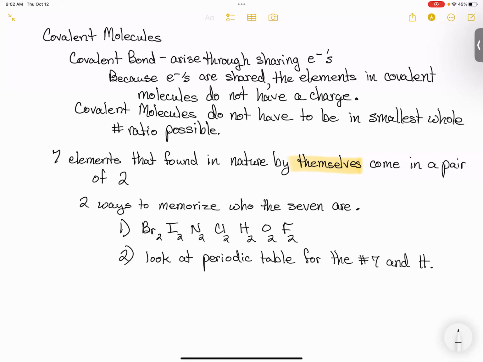There are 7 diatomic elements that form a 7 on the periodic table along with hydrogen. So that's the second way to memorize it. Take your pick. Brinkhoff. You may have another one that you learned from a previous class, but for me, the two that I kept in mind were either Brinkhoff or the fact that they form a nice little 7. And you add hydrogen.